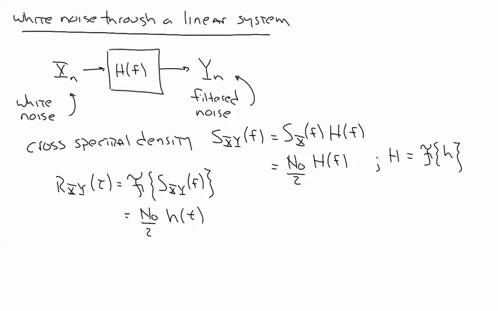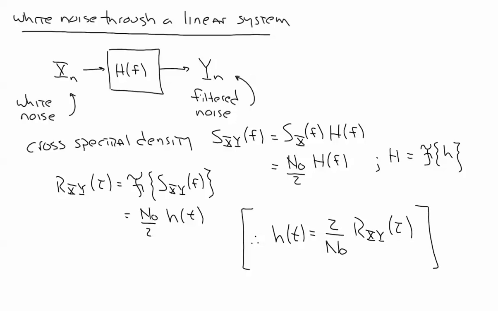Or, rearranging, I can say that my impulse response equals 2 over N naught times the cross correlation of the input noise process to the filtered noise output process. That's kind of important. Remember I said earlier, without regard for the details of how I'd actually perform the experiment, I can experimentally measure N naught.